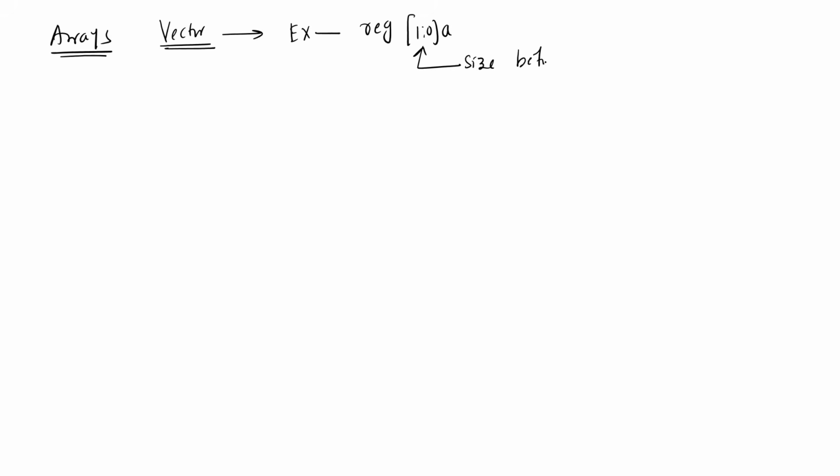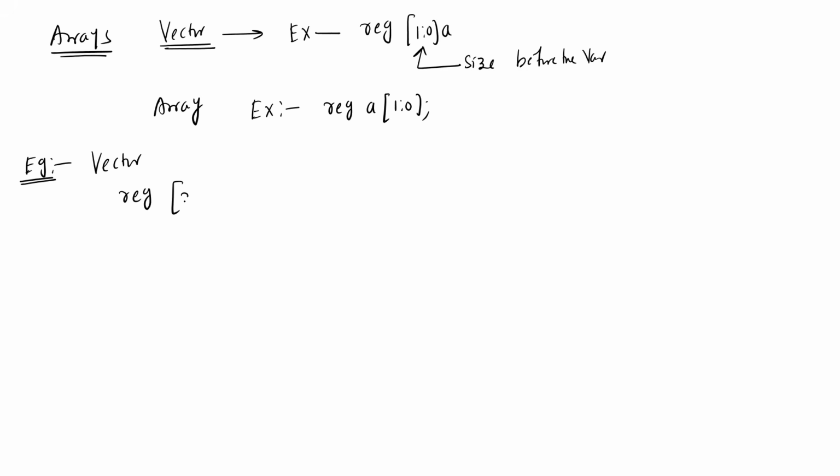For an array, the size is declared after the variable, like a[1:0]. Size is declared after the variable. Suppose we take the example related to a vector, reg [2:0] a, and a equal to 3'b011.